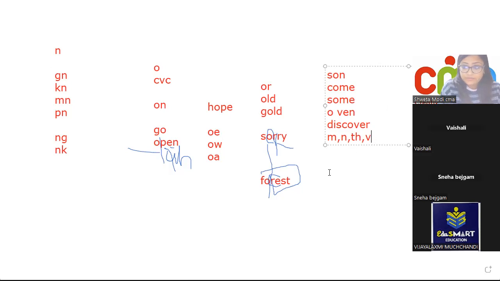Now, what are the other vowel teams with O? Oi, which can come from Y also. This is a vowel team, oi sound. Double O, short, little and long sound. Can you think of any other?